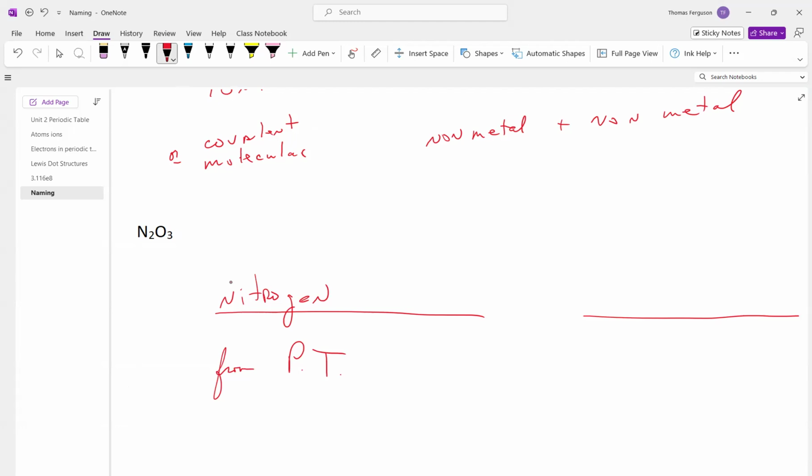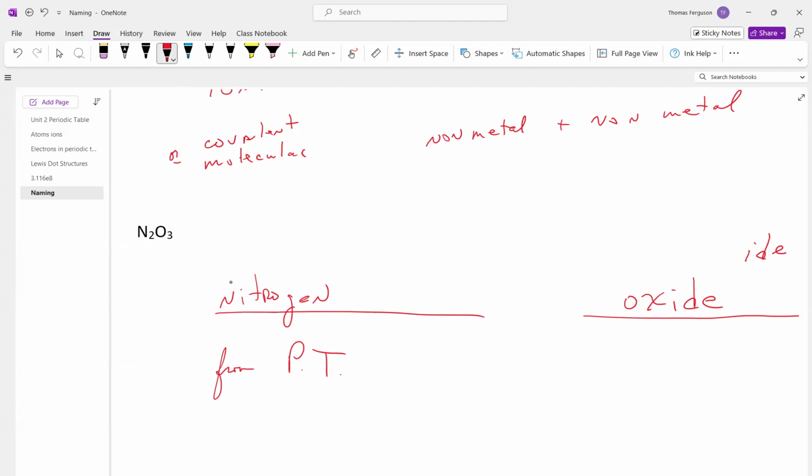The second one is O, that's an ide from your common ion chart. So that's oxide. It's just the convention. The second one is always an ide, and you can get it off your common ion chart.